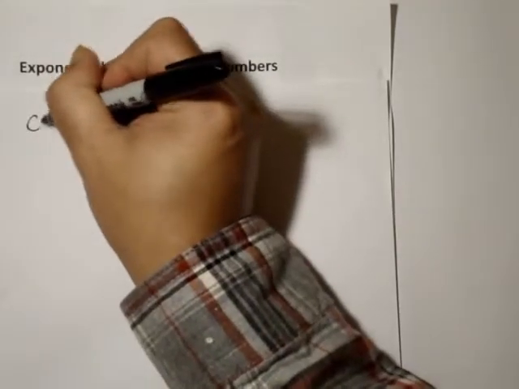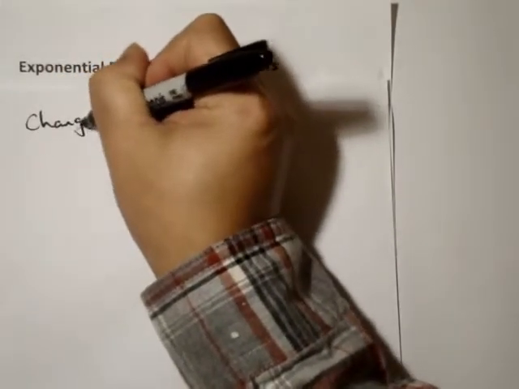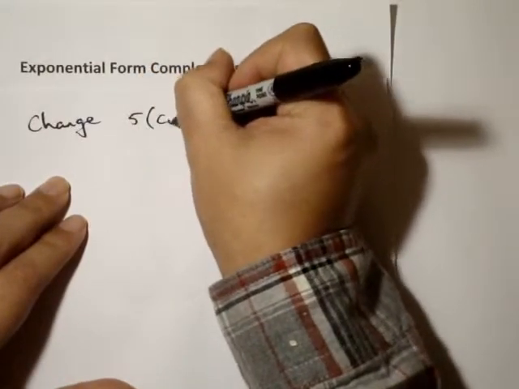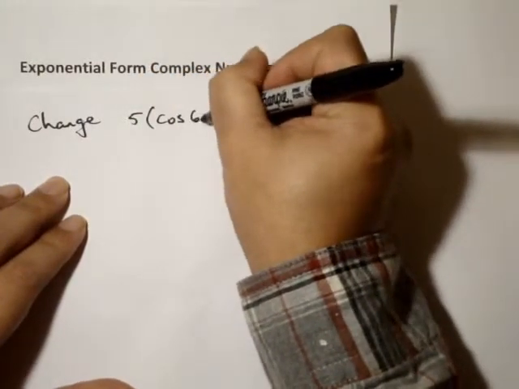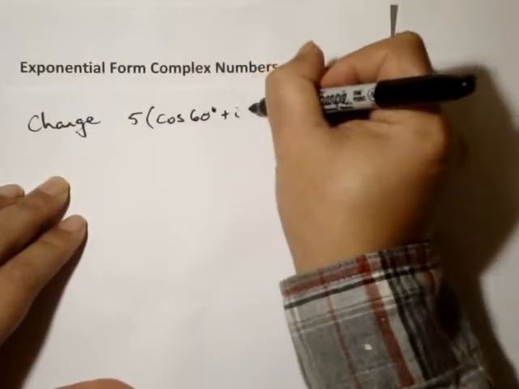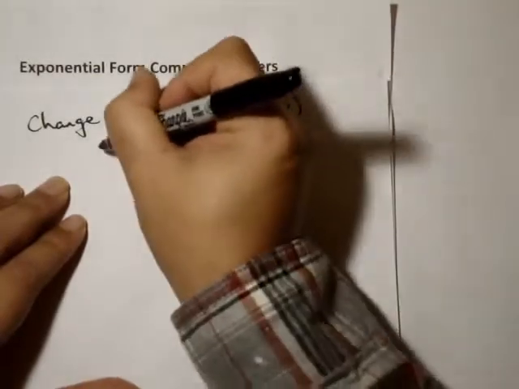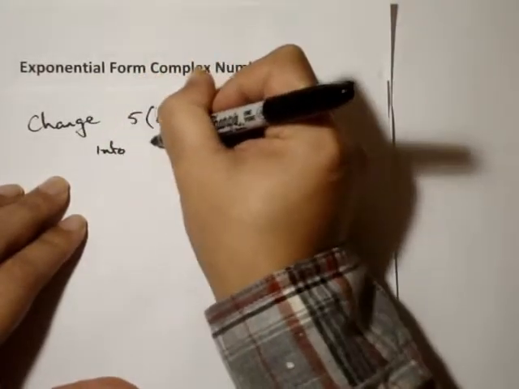Okay, we want to change 5 cos 60 degrees plus i sine 60 degrees into exponential form.